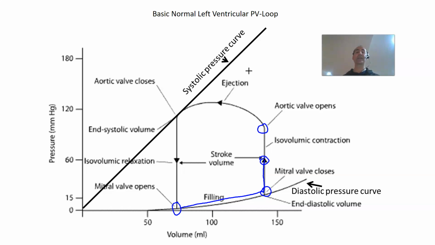For an exam, I would ask you to be able to draw a normal PV loop from memory and then from there manipulate it. So this is not so much about the memorization, it's more about manipulating and understanding the mechanics of the heart.